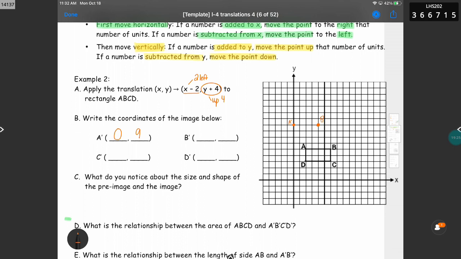So B prime is going to be (4, 9). Okay, going to C next. C prime will be here, which is (4, 7). And then I'm going to have D prime, which is here, (0, 7).